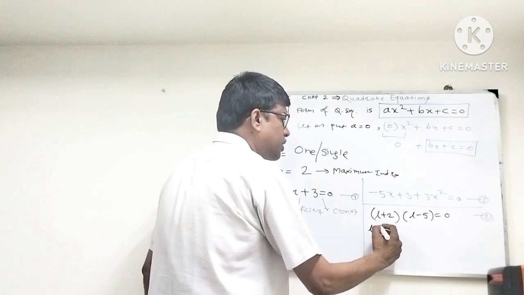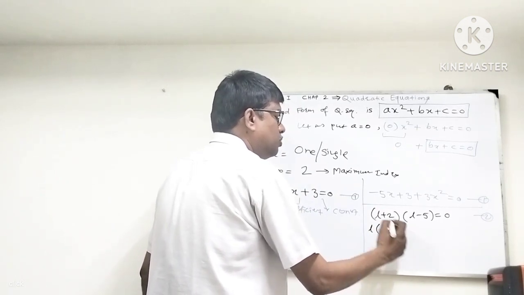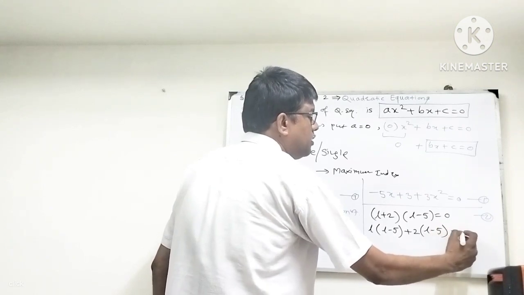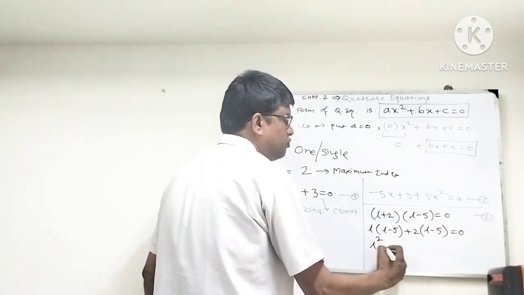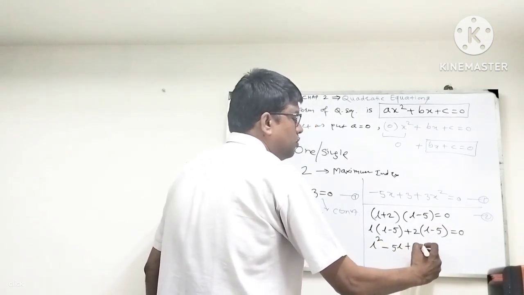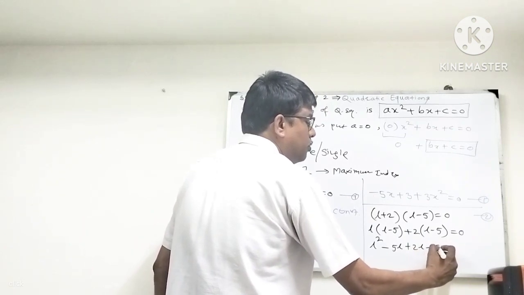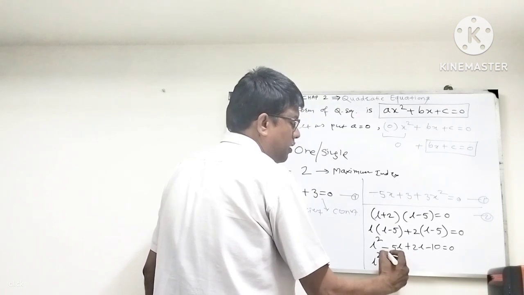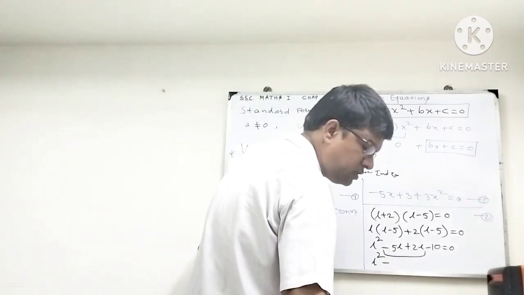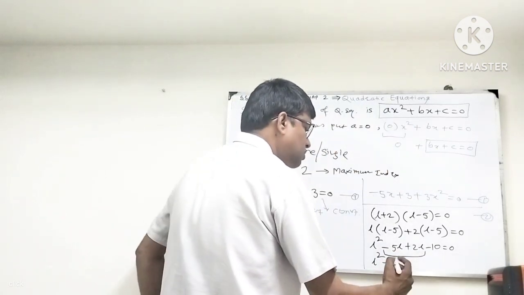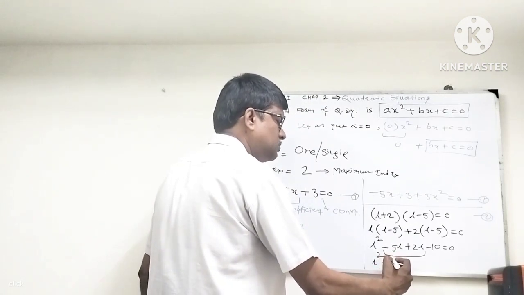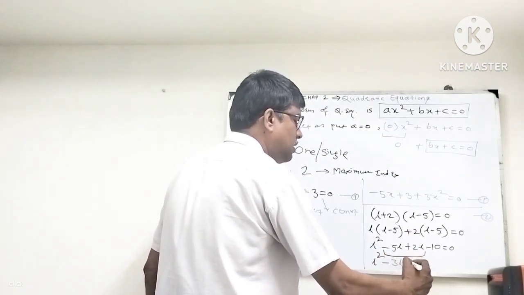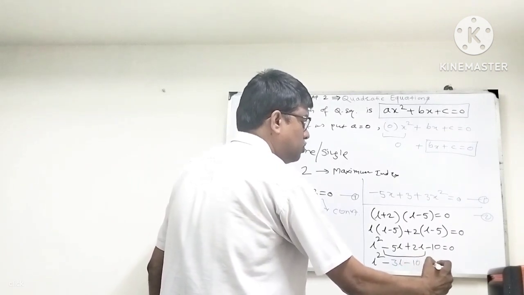It will become like this: L minus 5 into L, and plus 2 is also a multiplication factor, so we get L square minus 5L plus 2L minus 10 equal to 0. Now these are similar terms, and you know similar terms can be added or subtracted, so we will get L square minus 3L minus 10 equal to 0.